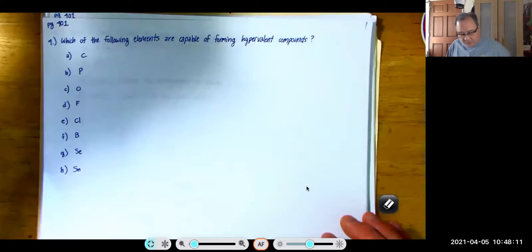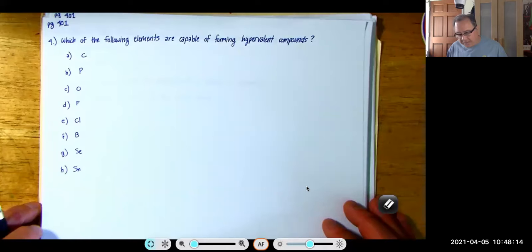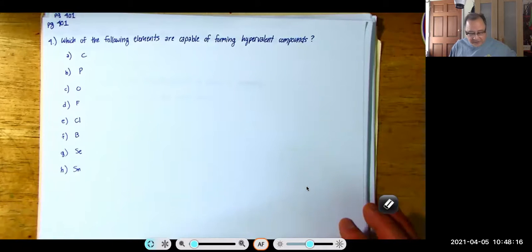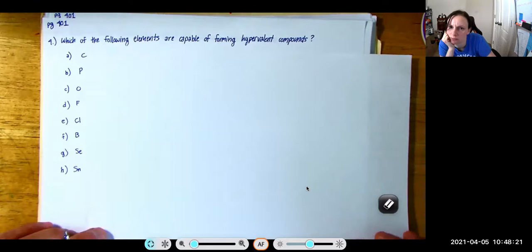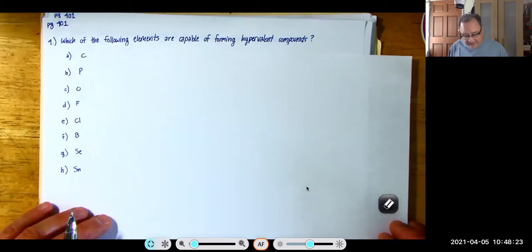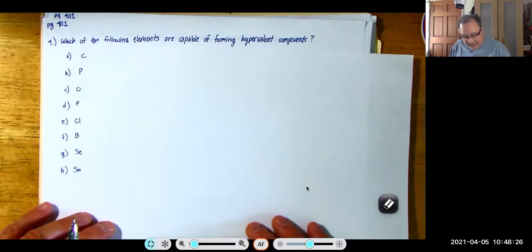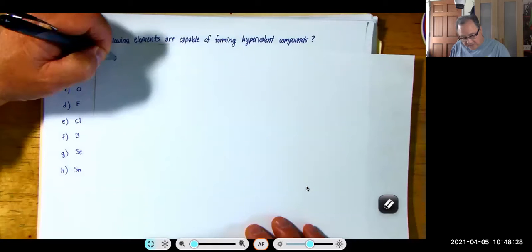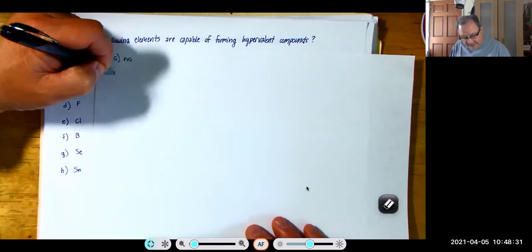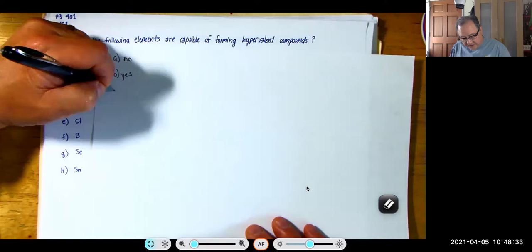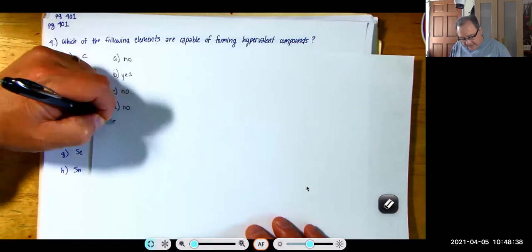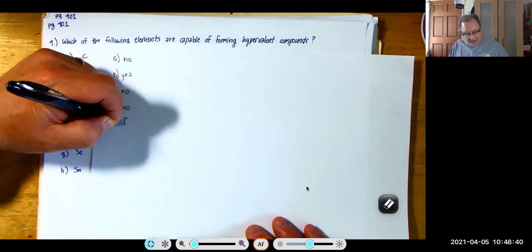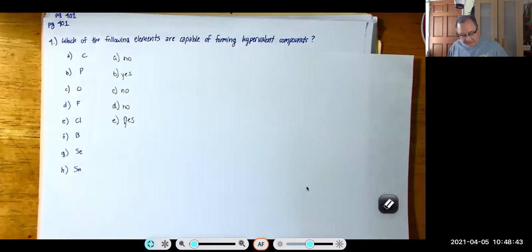Which of the following elements are capable of forming hypervalent compounds? So what does hypervalent mean? I assume more than 8. More than 8 electrons, right? And the answer is A, no, B, yes, C, no, D, no, E, yes. So what is the difference between these?